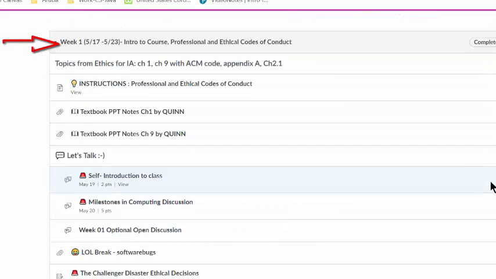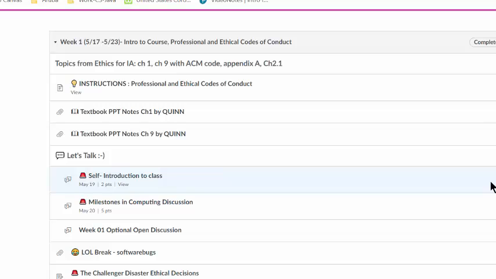Week 1 is dedicated to the introduction of the course, professional and ethical codes of conduct as called out and described by the Association for Computing Machinery, and these are laid out in Chapter 9 of the textbook.